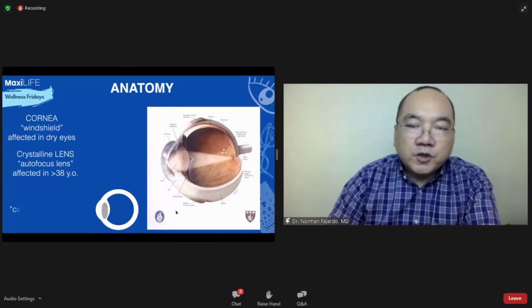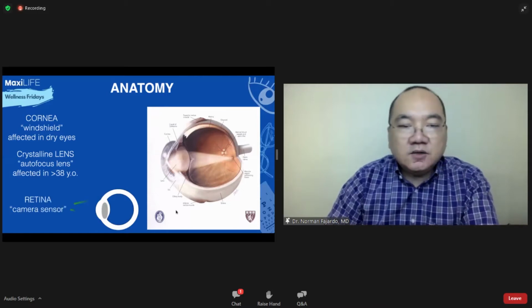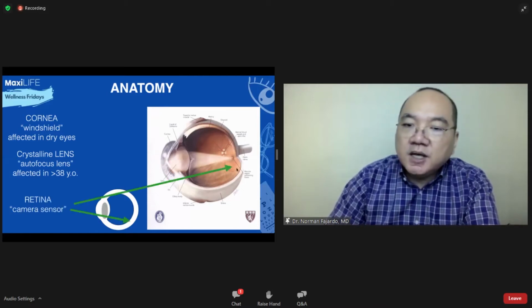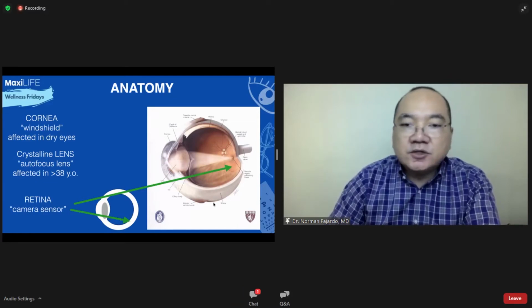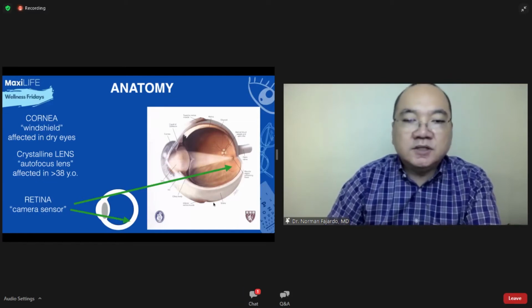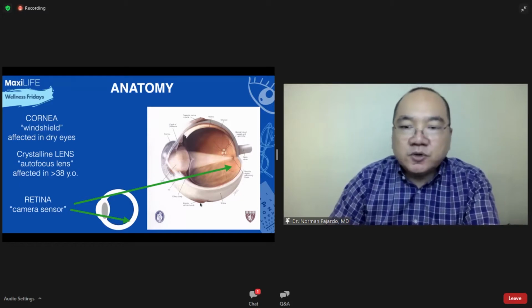The third important structure here is the retina, which is the part behind the eyeball. It is actually the sensor of our eye, which is equivalent to the sensor of a camera. It absorbs the light and images, and it's brought to the brain.